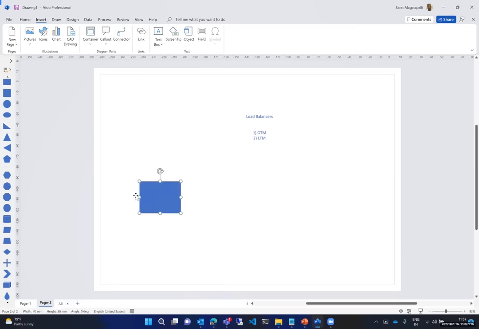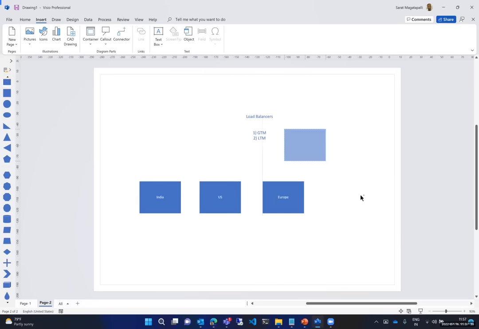Let's take a Twitter example. Because they are global, you have Twitter running in an India data center, let's say somewhere in Mumbai. You have Twitter servers running in the US, let's say in California, and in Europe, let's say in London. You also have Twitter running somewhere in Beijing to support China traffic.